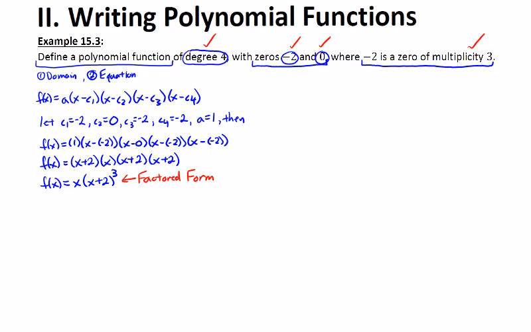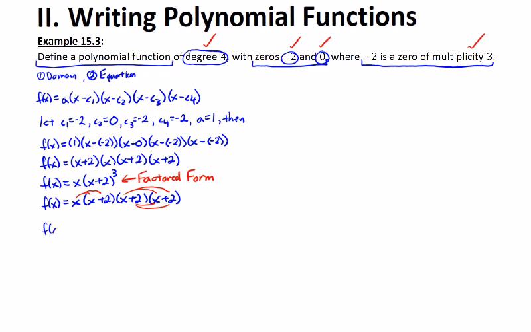What I'll do next is multiply this out to the point where we can see the individual factors. I'm just going to go back to not having an exponent and think about how I would multiply all this together. I'm going to take the x factor and multiply it by x plus 2, and then take the x plus 2's at the end and multiply those together.